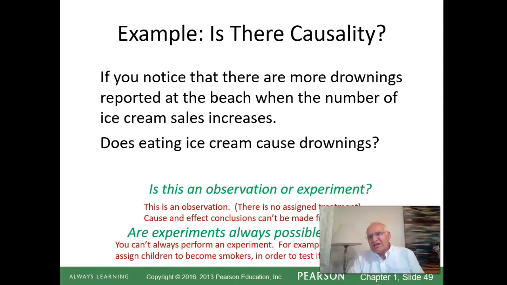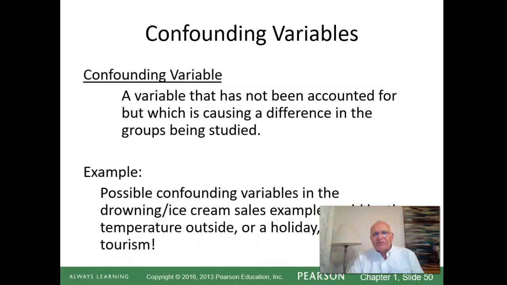But there are many times where you can't perform an experiment, and that's important to understand. You can't assign children to be smokers in order to test that smoking causes cancer. No, that would be unethical, and we don't do things like that. We resort to observational studies for that kind of thing because there are places where designed experiments don't make any sense.